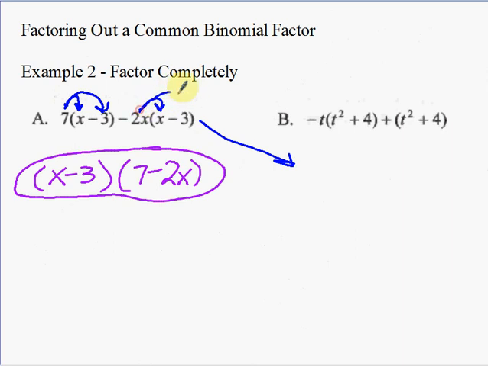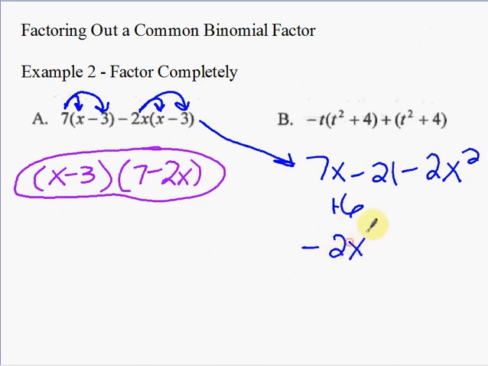I'm going to draw arrows to show I'm distributing. I have 7 times x, which is 7x, 7 times negative 3, which is negative 21, and then I have negative 2x times x, which would give me negative 2x squared, and negative 2x times negative 3, which would give me positive 6x.